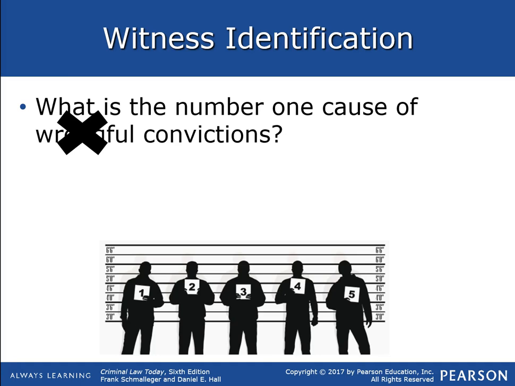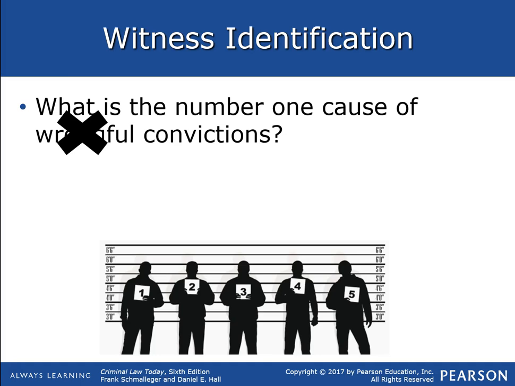So understand that years and years ago, when a judge, if it was a bench trial, or the jury, if it was a jury trial, all they had to go on was whatever physical evidence that was brought before them in the trial, statements from victims, statements from witnesses, including witness identification.